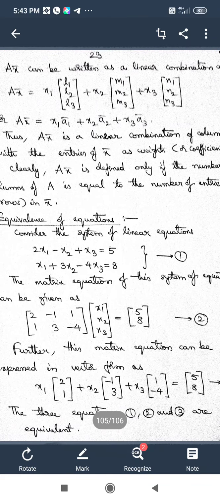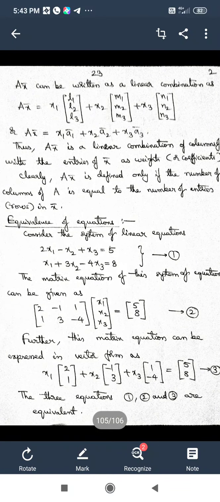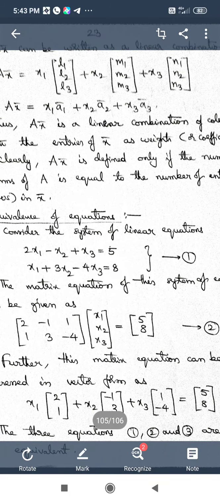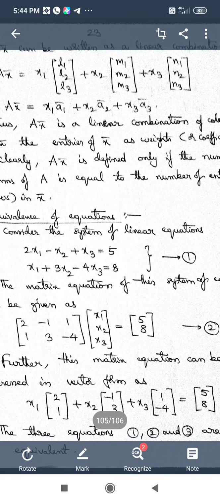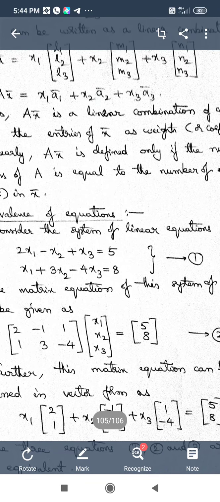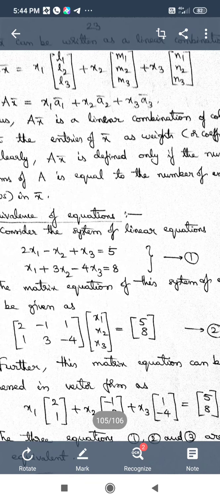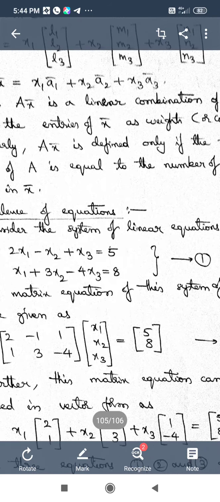So let us take all these as a matrix equation, Ax bar is equal to B bar. Instead of writing Ax bar and B bar, I am writing here by substituting all the matrices. In this example, Ax bar is equal to B bar can be taken as 2 minus 1 1, 1 3 minus 4 in place of A, and the column vector x1, x2, x3 in place of x bar, and these two multiplied is equal to the column vector 5 8, that is B bar.